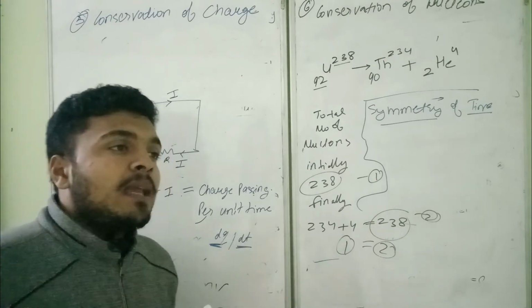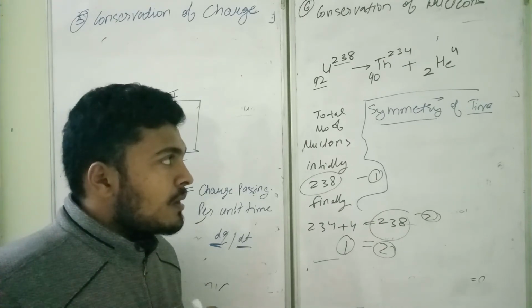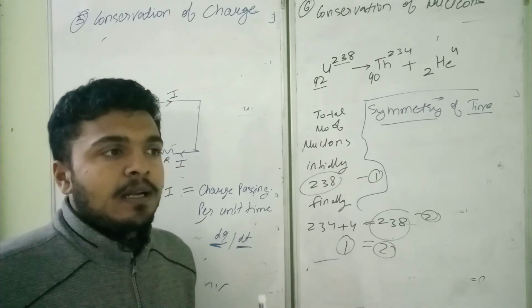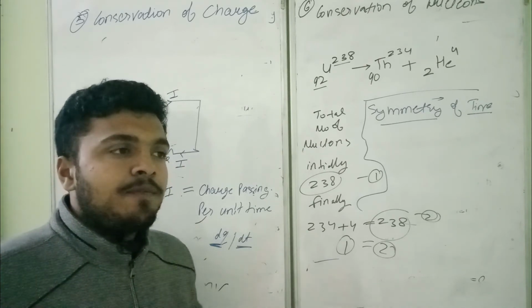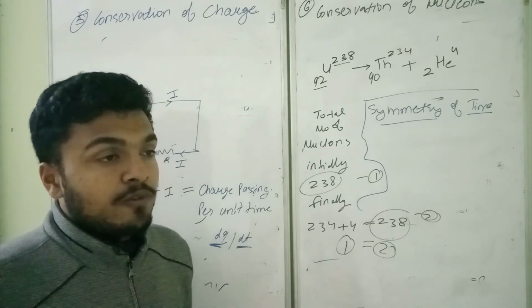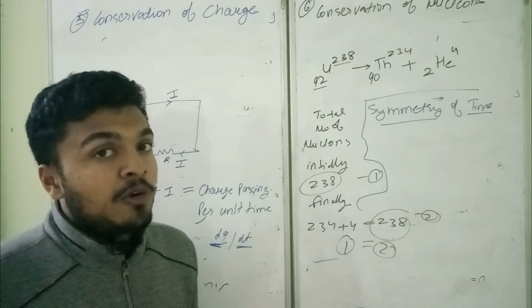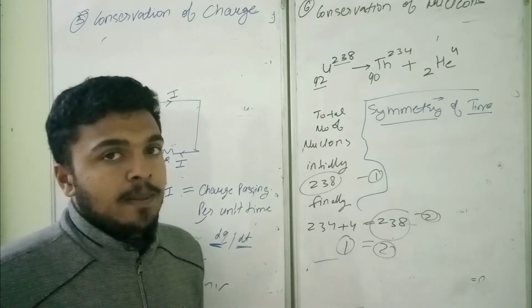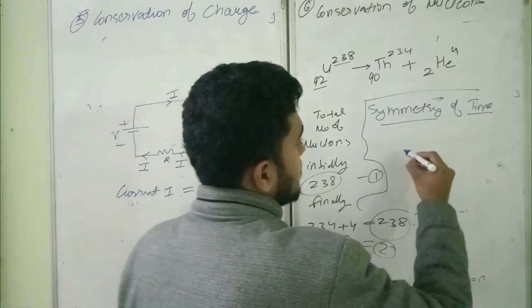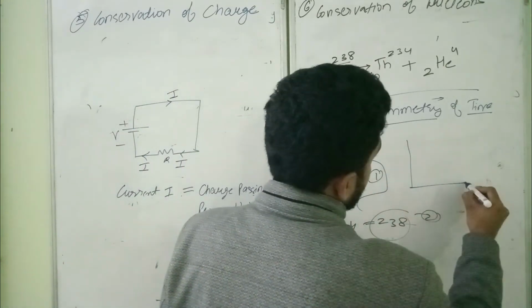When we say symmetry of time, it means, if you have this experiment in which the VI characteristic of an ohmic conductor was studied, what was the result when Ohm studied this experiment?